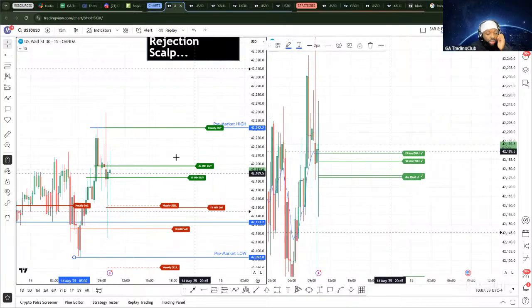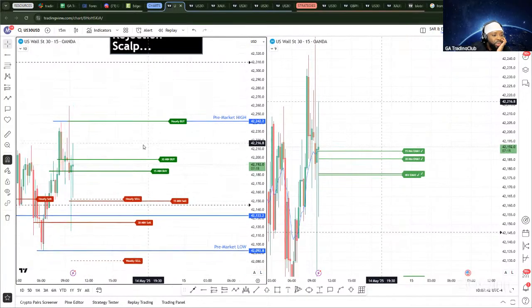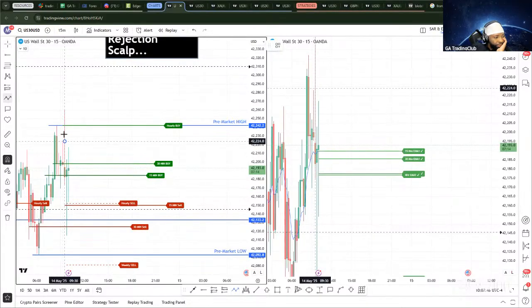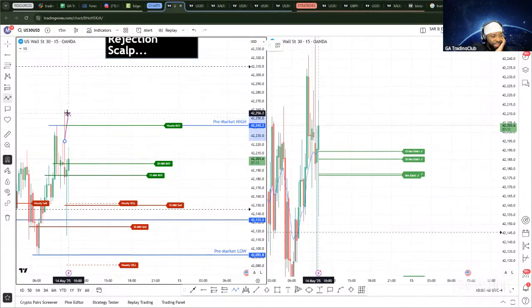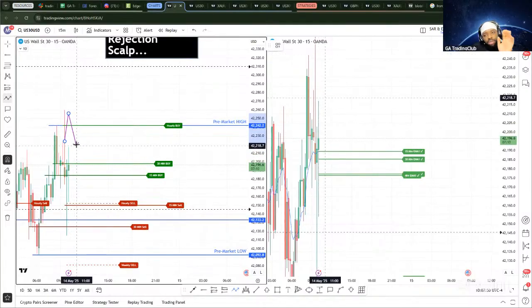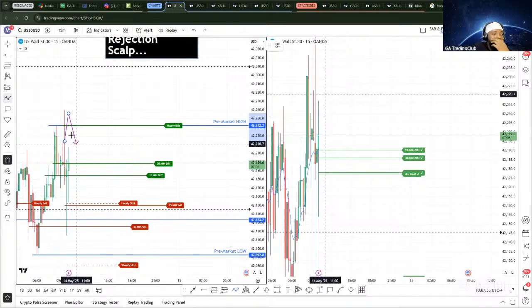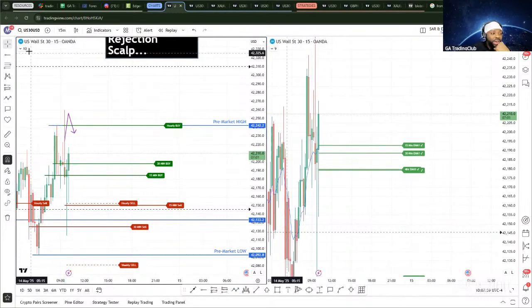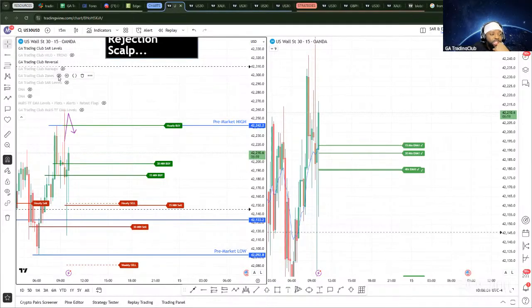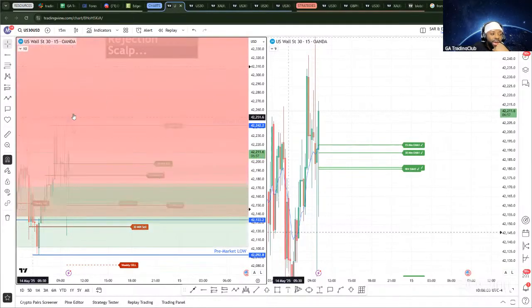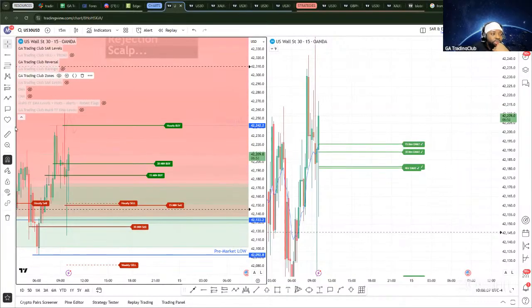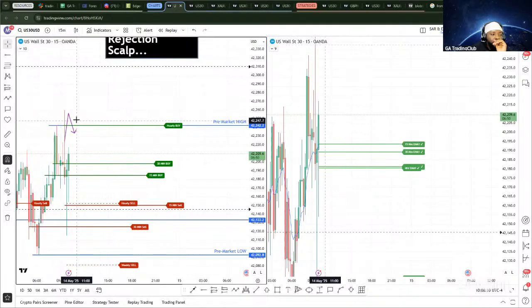So the idea with these pre-market highs and lows is that the first time price gets to it, like we saw in the beginning of the live session, probability is, I consider it similar to a rejection scalp. Probability is that you will have some sort of rejection either to the upside or to the downside. But always make sure that you are in a supply zone if you're selling. Make sure you're in a demand zone if you're buying. Like literally, that's I think one of the most important.